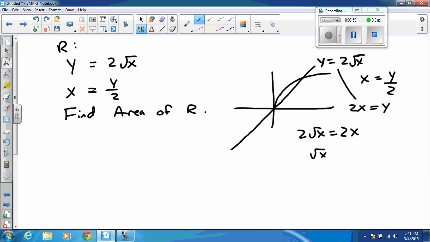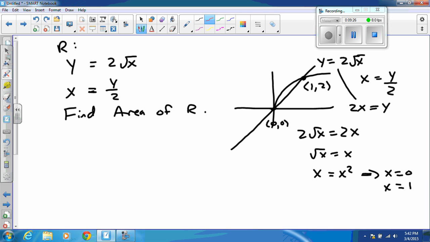So we set y equal to y: 2 root x equals 2x, or root x is equal to x, or x equals x squared, which has the solutions x equals 0 and x equals 1. So we have the intersection points 0, 0 and 1, 2.